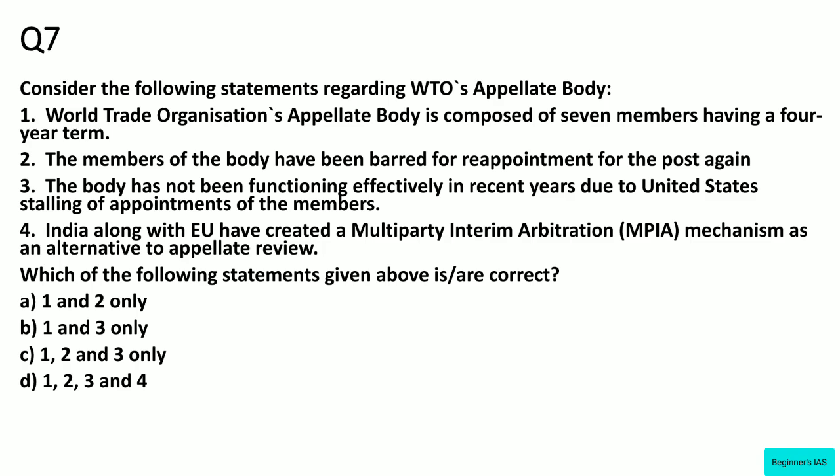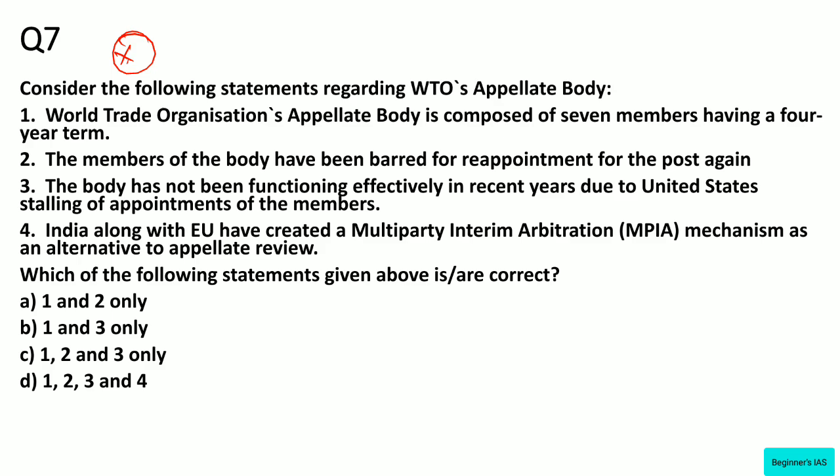Question number 7. Consider the following statements regarding the WTO appellate body. This is also a very important question. We may expect a question on this concept also. Statement 1: the WTO, that is World Trade Organization, appellate body is composed of 7 members having 4-year terms. Statement 2: the members of the body are barred from reappointment to the post.